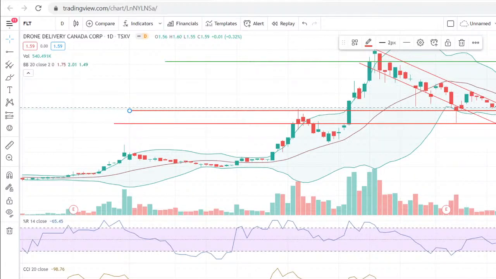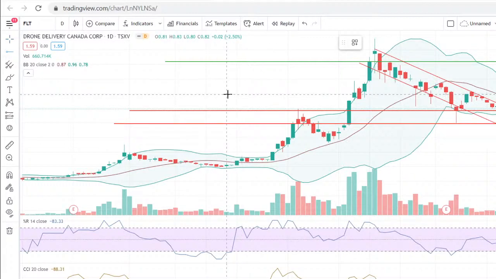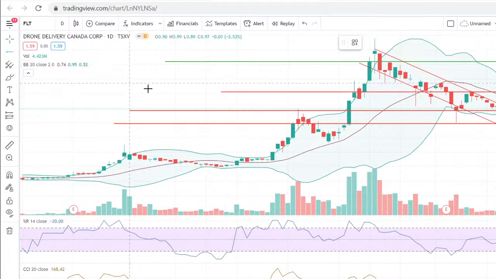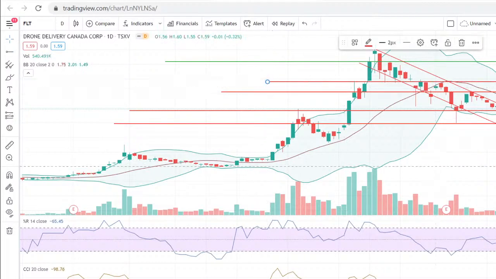If there is a breakout, it can easily go up to the first levels, and then the second level where it might face a little resistance will be this one. So these could be the two resistances, two supports, and again the confirmation is very important.